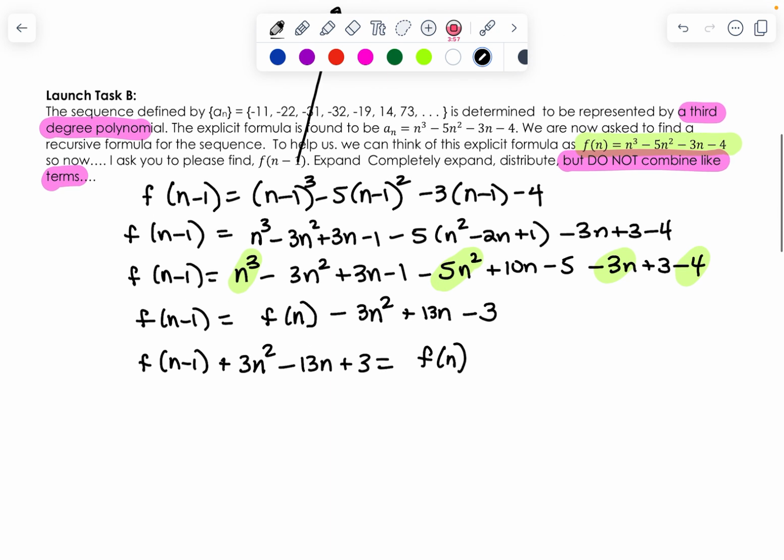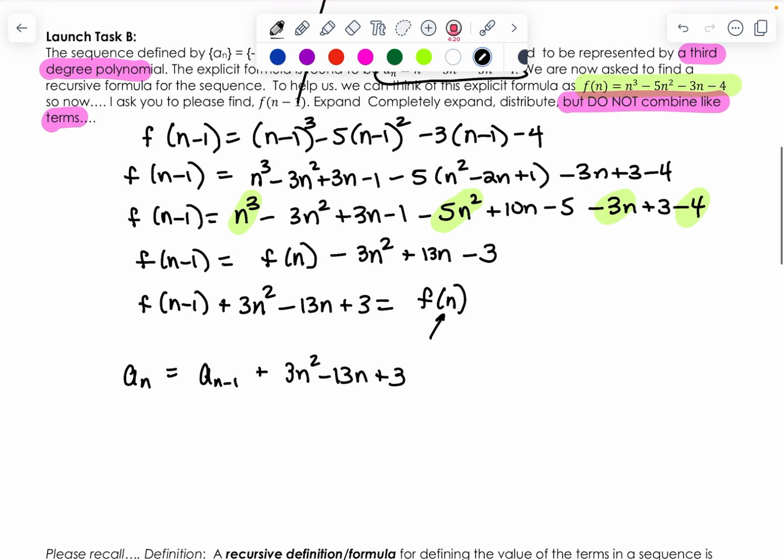But remember, this is also representing a sub n. So watch what we're going to do. We're going to call this a sub n equals a sub n minus 1 plus 3n squared minus 13n plus 3.